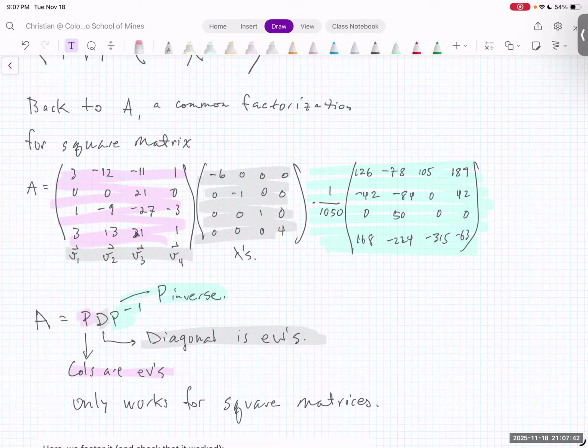The pink matrix is a 4 by 4, and it turns out the columns are the eigenvectors from matrix A. They pair up by column with the eigenvalues of matrix A. These eigenvalues appear on the main diagonal and zeros everywhere else. So this type of matrix is a diagonal matrix.